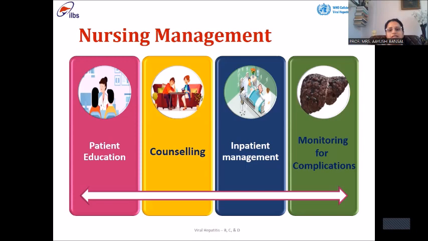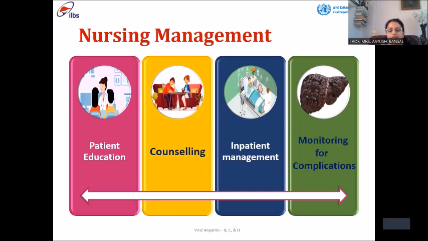Third is inpatient management. Inpatient management is a very important aspect in nursing management. Different patients have different complications, concerns, misconceptions, disease symptoms. We have to prepare them for different tests, different diagnostic evaluations, different procedures.